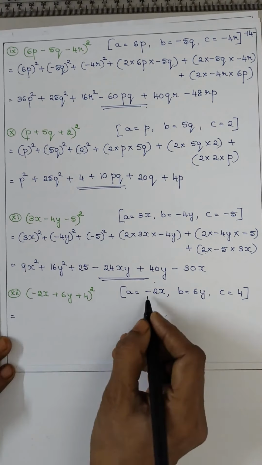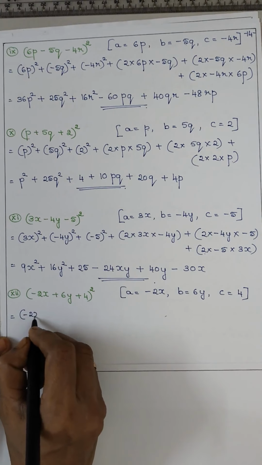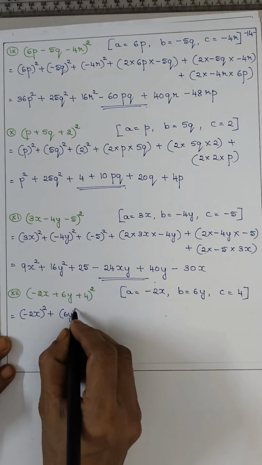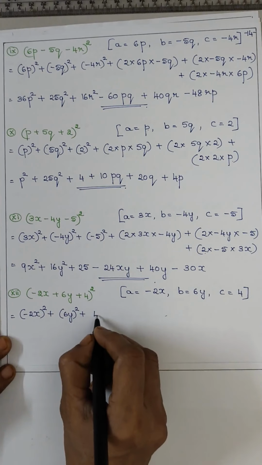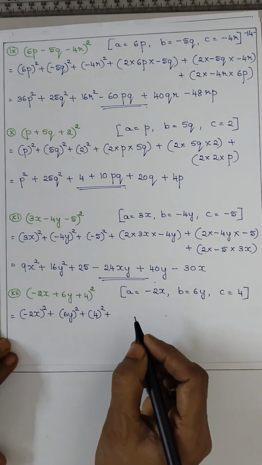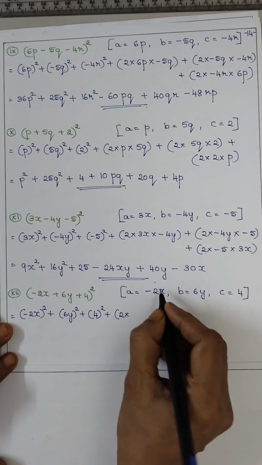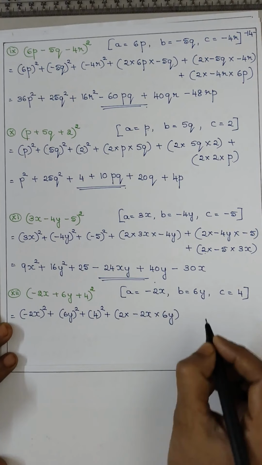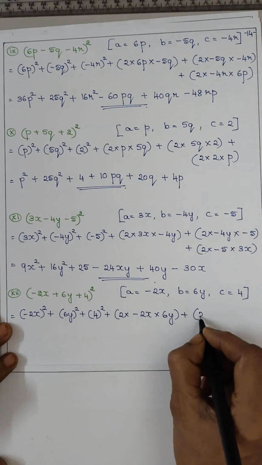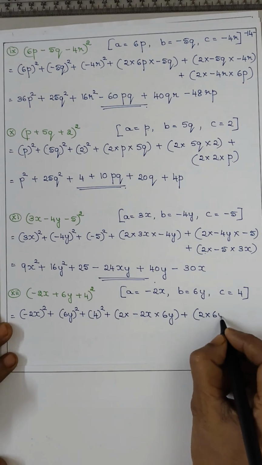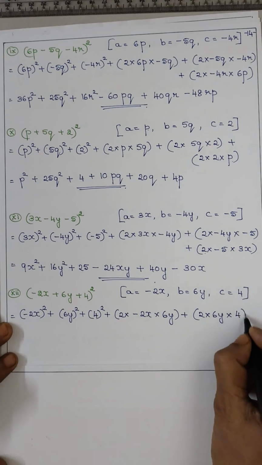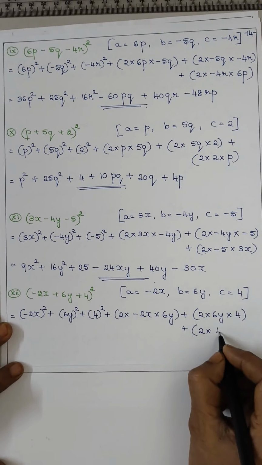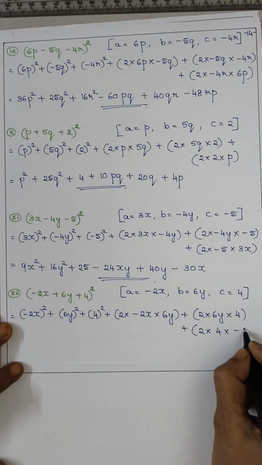Okay, it is a squared minus 2x the whole square, b squared 6y the whole square, c squared 4 square, 2ab, 2, a is minus 2x, b is 6y plus 2bc, 2, b is 6y, c is 4 plus 2ca, 2, c is 4, a is minus 2x.